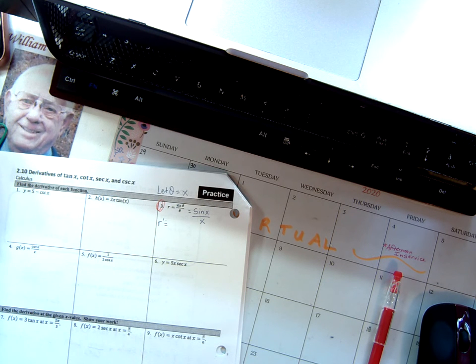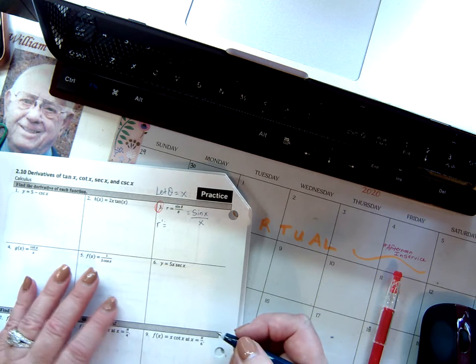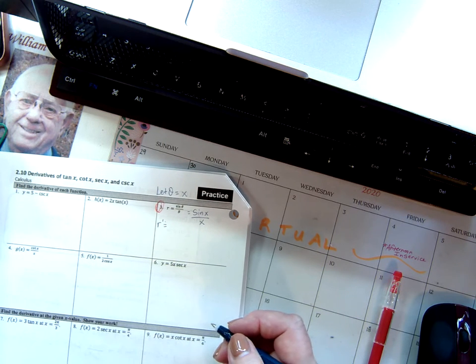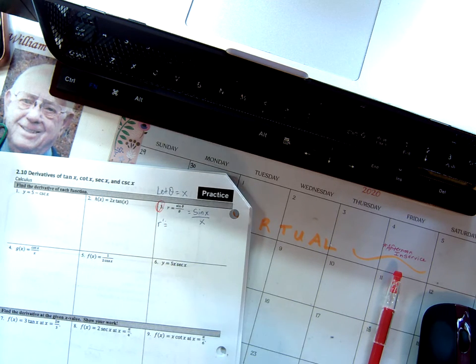There's not really any trig simplifications like Jenna did on that last one for this guy. Anybody got an idea what I should do? What do I do? Thank you, Sir Griffin. Yes, I agree with you.